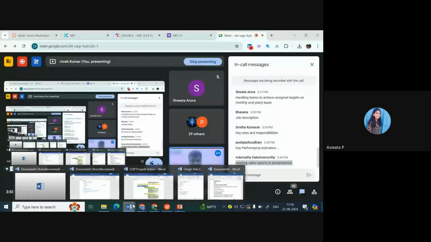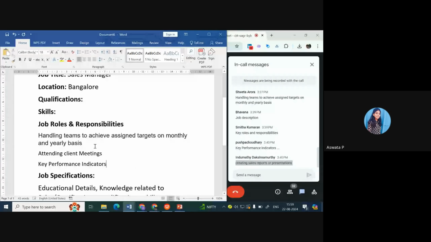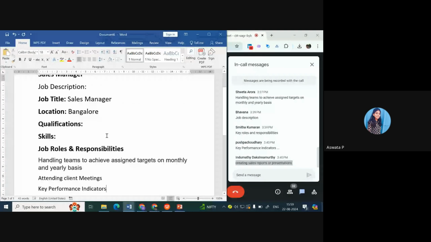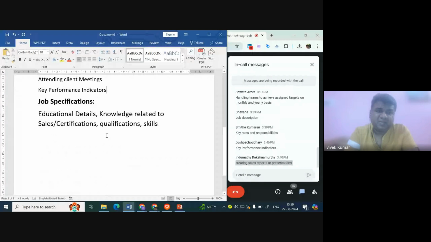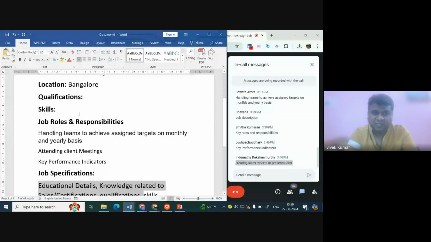In job description, we can add things like to handle the sales representatives' duties, whether they are doing their job correct or not. We can add as we are looking for a sales manager in job description. So anyway, see, there's a job specification which will summarize the things, right? So when there's something which is like a statement, that can be formed on the basis of what we have written in the job roles and responsibilities.